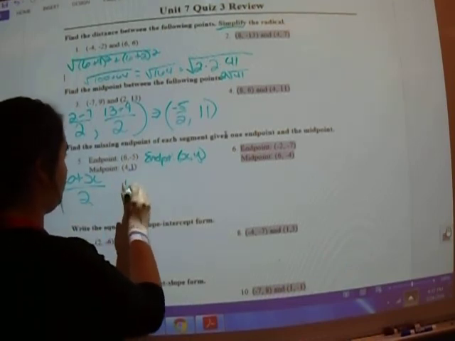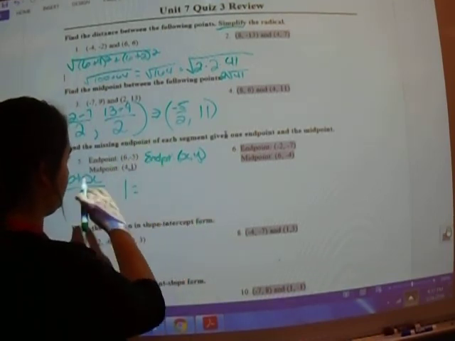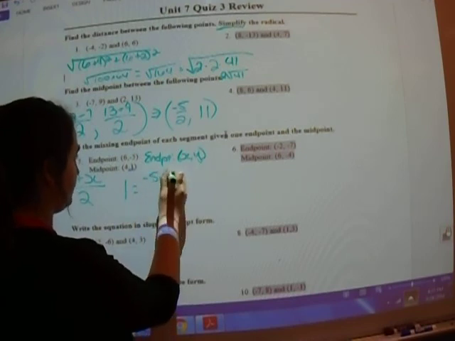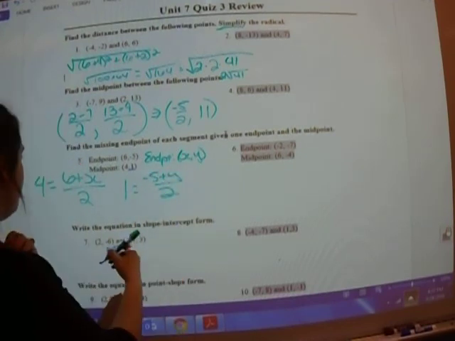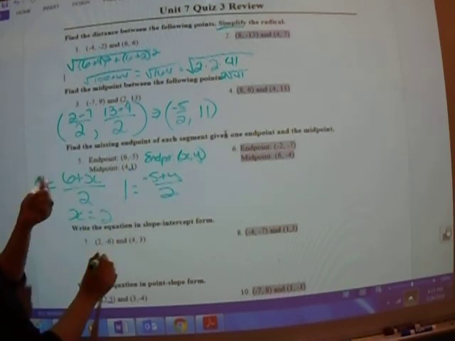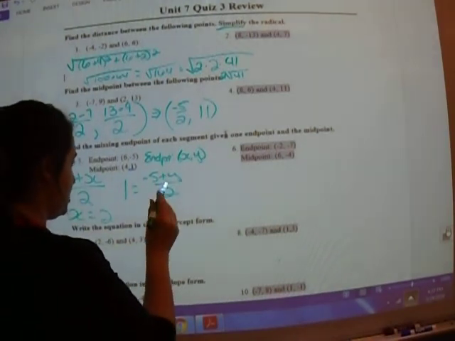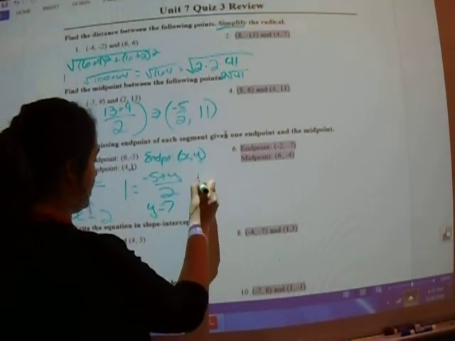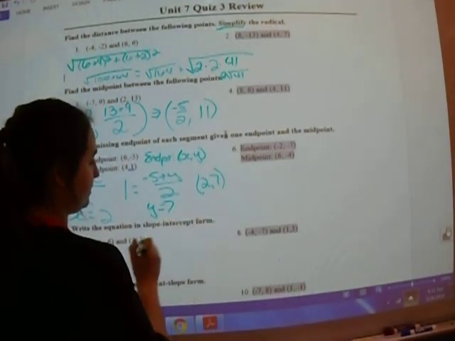And to get our y value, we do 1 equals -5 plus y over 2. We multiply this out, we get x equals 2, right? This is just algebra. And y equals 7. So our other endpoint is 2, comma, 7.